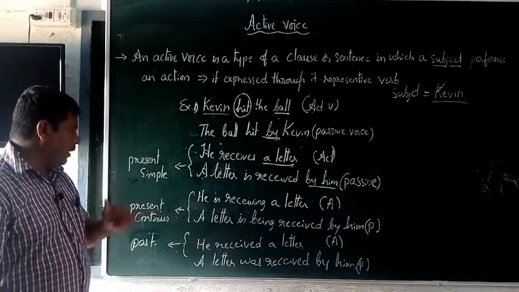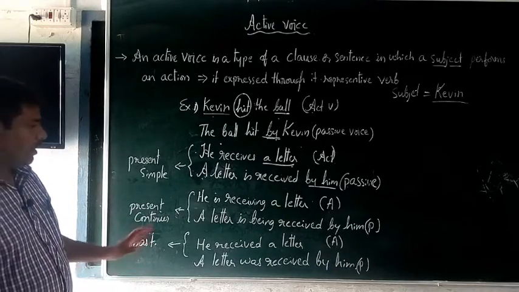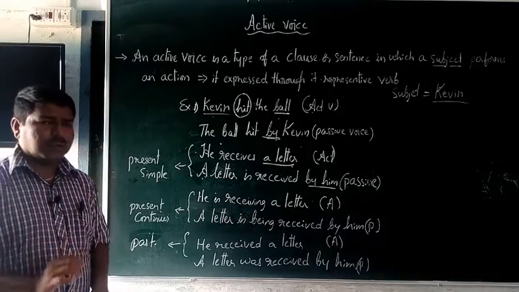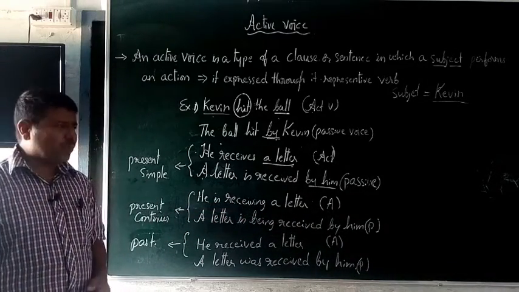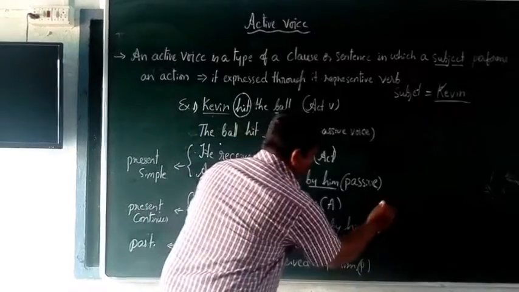Clear? Now the second idea, the present continuous. Here, he is receiving the letter. How do you know this is the continuous? Which word makes you understand? That is I-N-G.